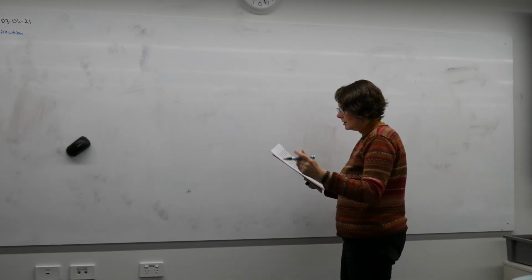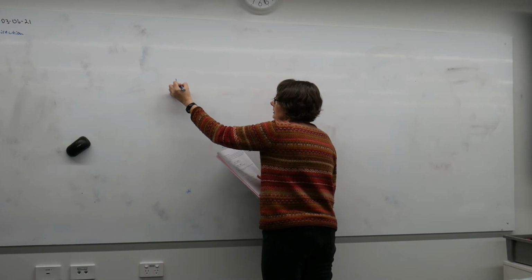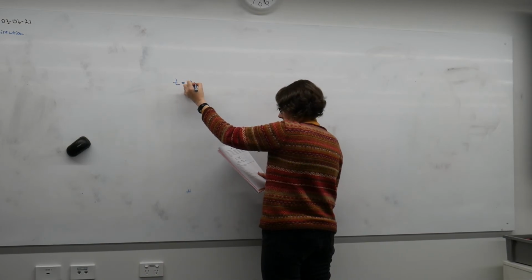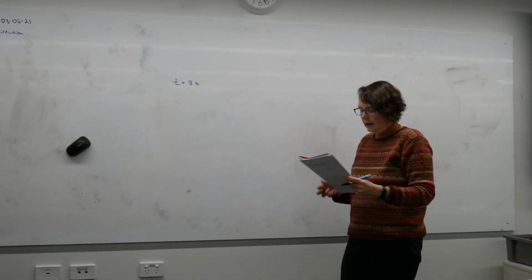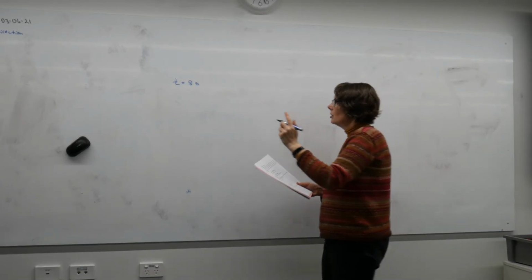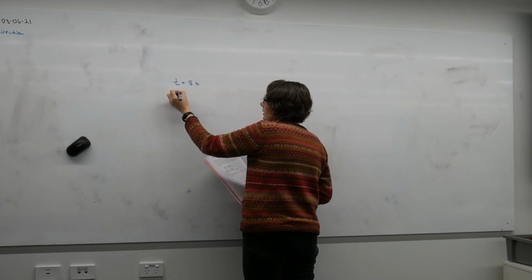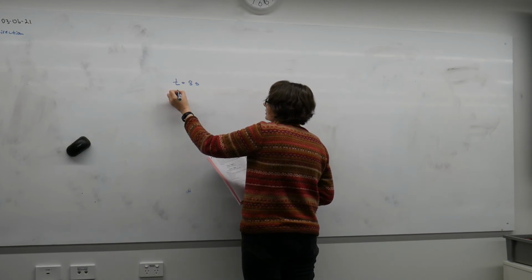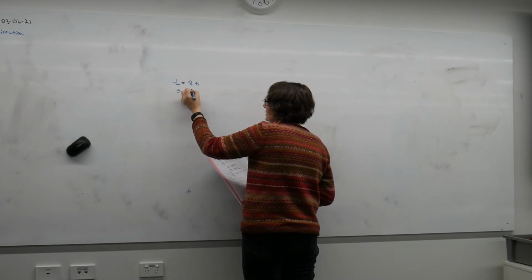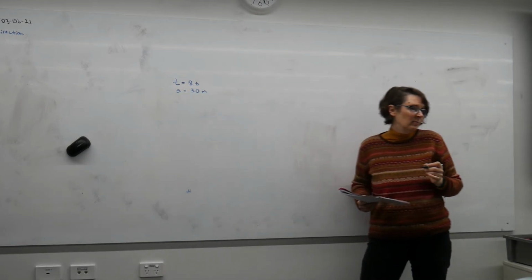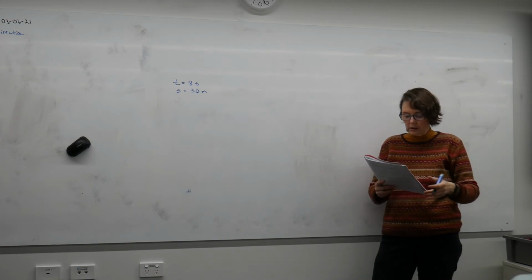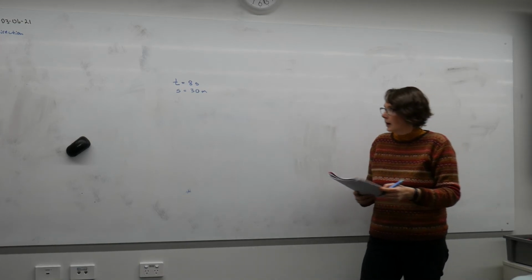So we've got time is equal to 8 seconds. And in that time, she's gone 30 metres. So we're going to call our displacement S, or it can also be X. S or X doesn't really matter.